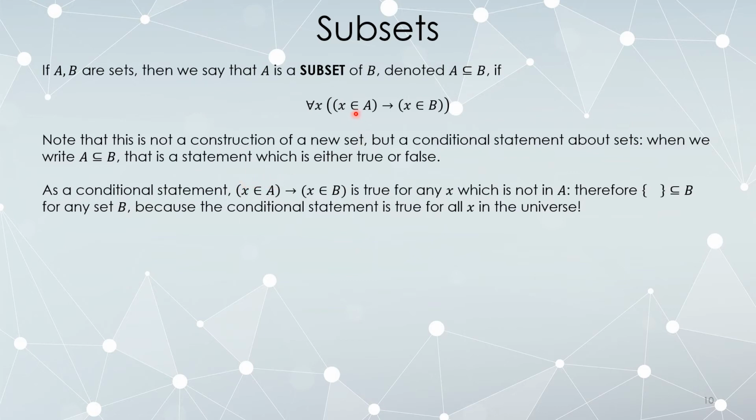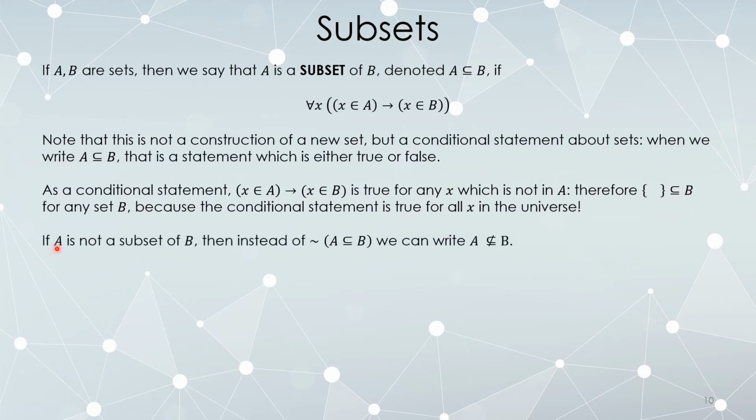So if this hypothesis is always false, then this conditional statement is always vacuously true, and then this overall is a true sentence. For any element of the universe, if it's in the set with no elements, then it's an element of B, is always vacuously true. So the set with no elements is always a subset of whatever I want.